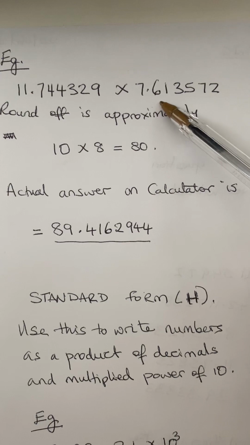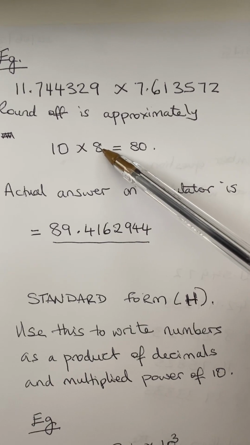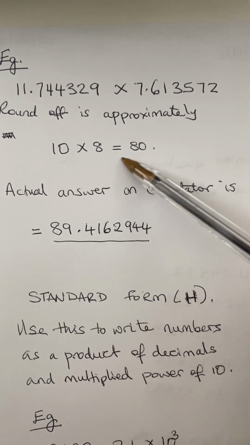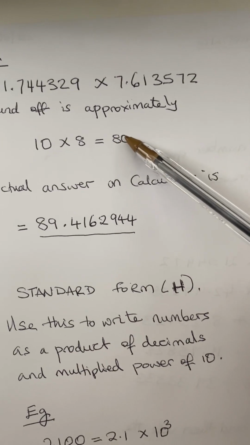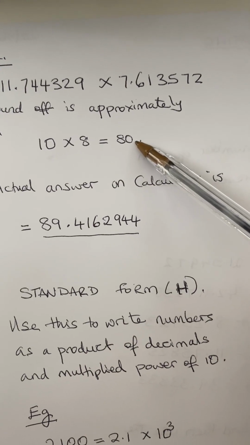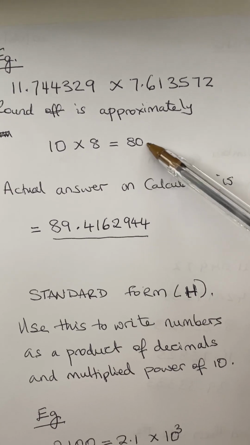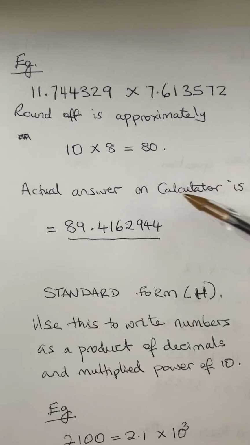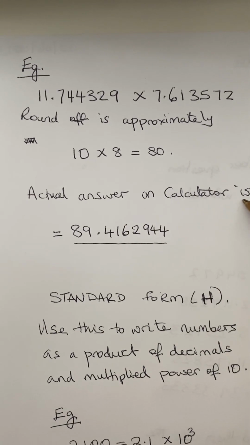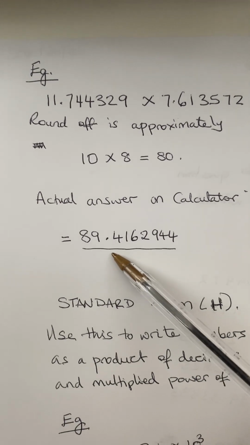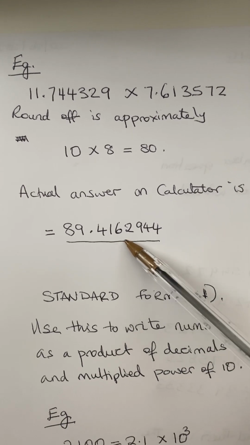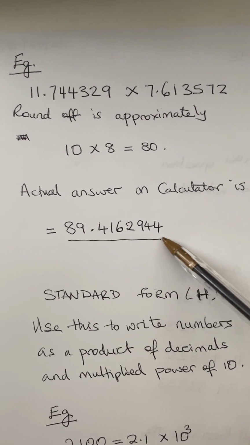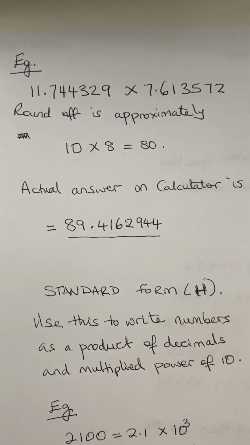And 7.6, I'm going to round it off to 8. So I should be getting the figure in the region of 80, because 10 times 8 is 80. This is easier to solve in my head using times table. But the actual calculator number gives me 89.4162944. You can check it using a calculator.